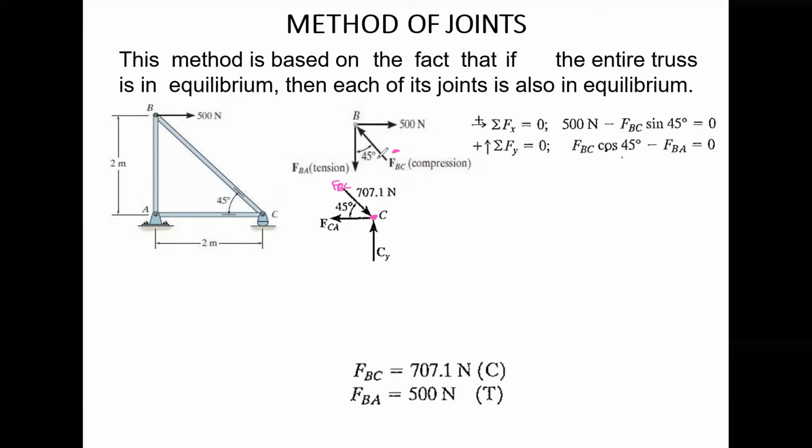The reason is that if the direction of FBC on point B is in this way, then you must take an opposite direction force of equal magnitude at point C in order to maintain equilibrium. So we are taking the opposite direction of FBC along the link BC at this joint.